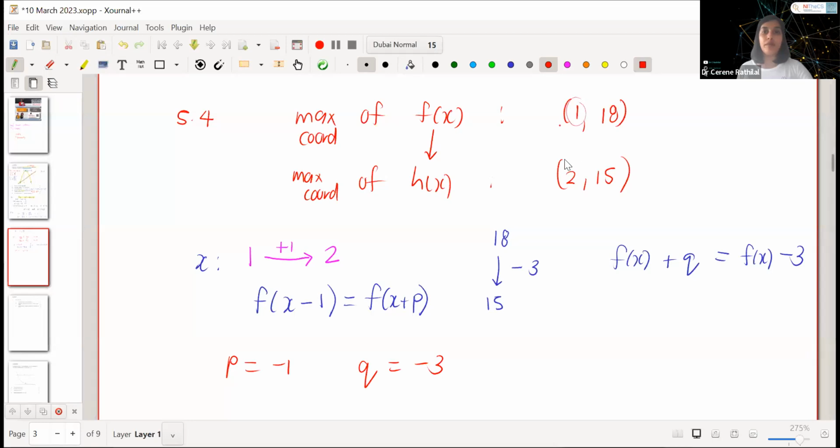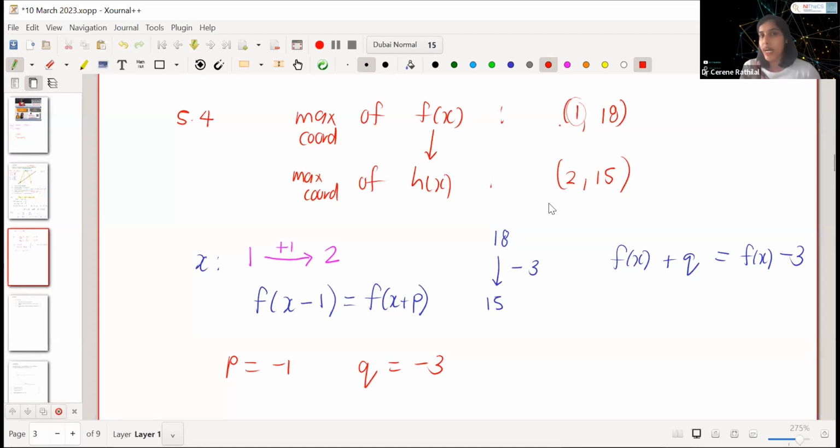Do you see that? 1 must now become 2 and 18 must now become 15. So what you need to observe is what has happened to the x and what has happened to the y. The 1 increased to obtain 2 and the 18 decreased to become 15. I think with that we are all clear, right?